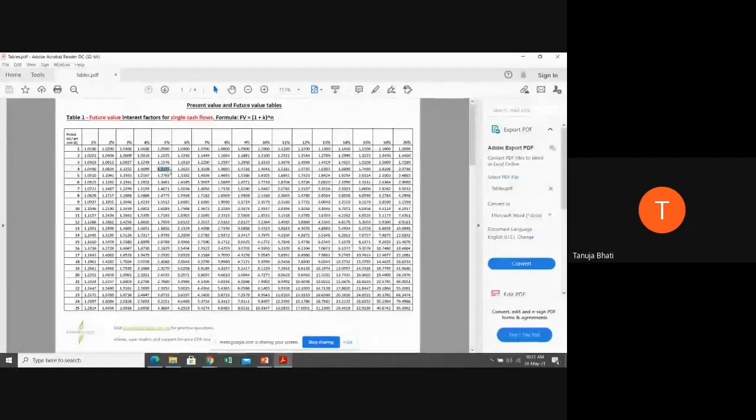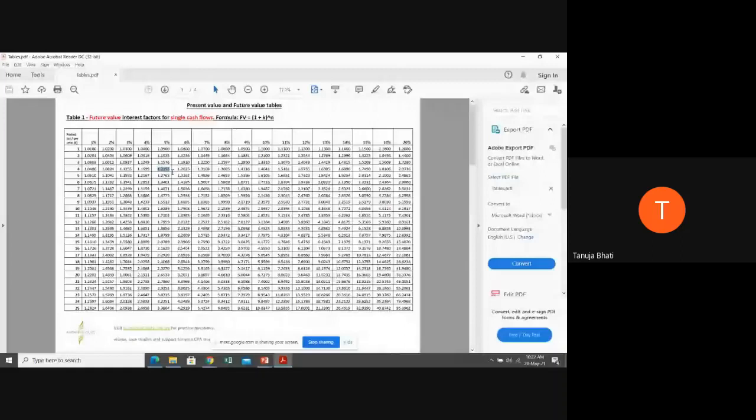So this is your answer, where it is 1.05 raised to 4. So 5% interest kept for 4 years, the value of that is 1.2155.